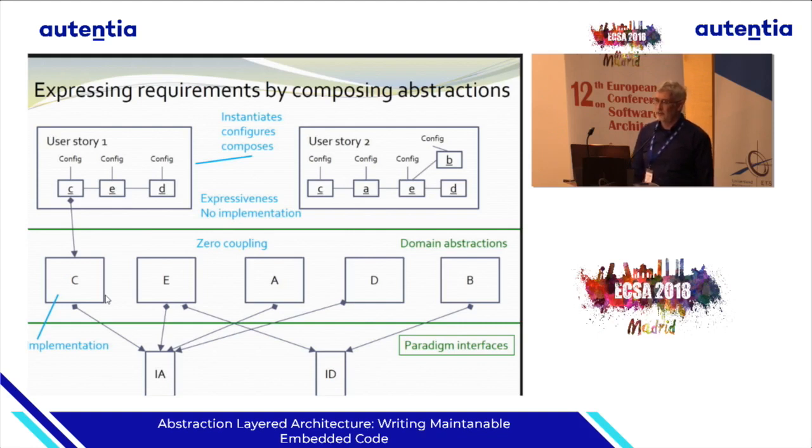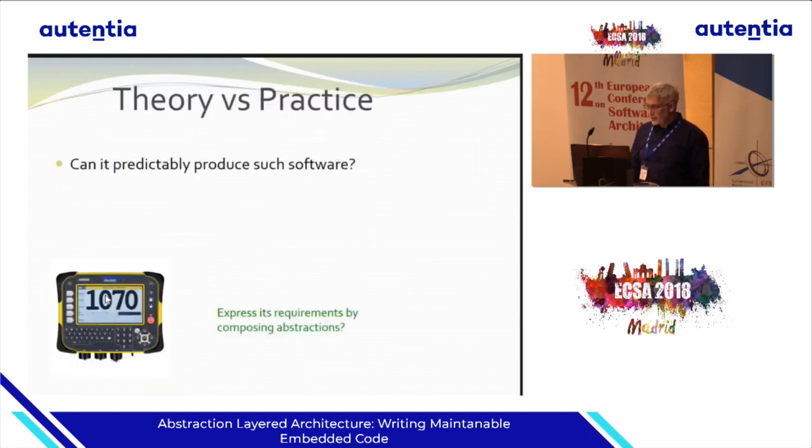Things like just data flows or activity flows. So I'm going to use an experiment we did, and it'll double as an example. So I took this device that I've shown you, and I decided to start again and express the requirements by composing abstractions, just to see what would happen.